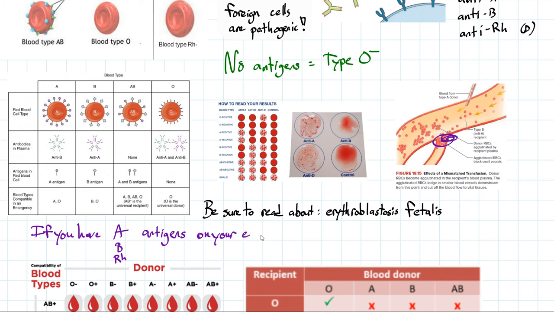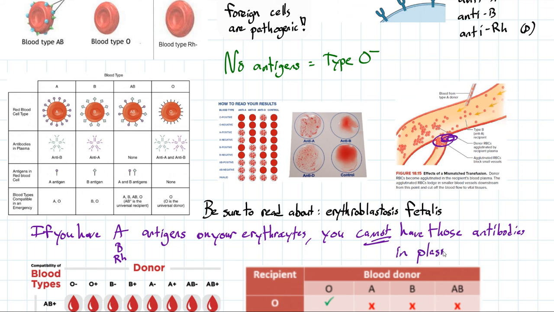So if you have those antigens on your erythrocytes, you cannot have those antibodies in your plasma, and vice versa. If you have those antibodies in your plasma, you can't have those antigens on your blood cells.